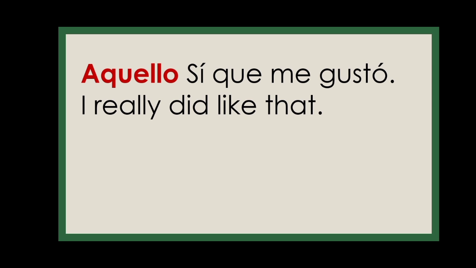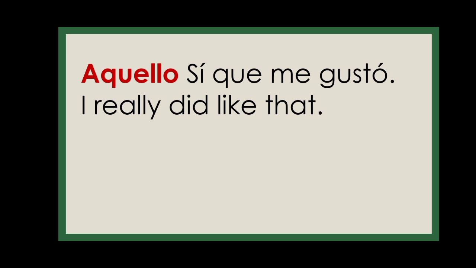Este, esta, éstos, and éstas, meaning this and these, are used to indicate things and people that are very close. Ese, esa, esos, and ésas, meaning that and those, are used to indicate things and people that are near the person you are talking to or that aren't too far.